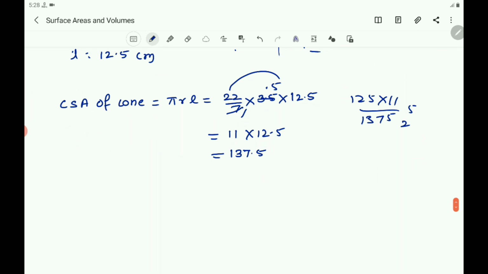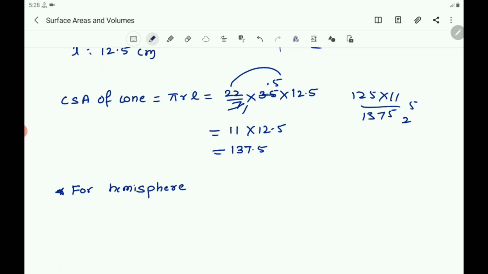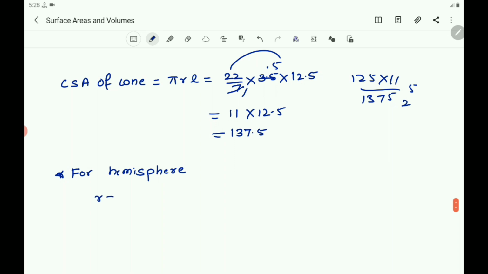Next for the hemisphere. For the hemisphere you take R equals the same radius, that is 3.5.